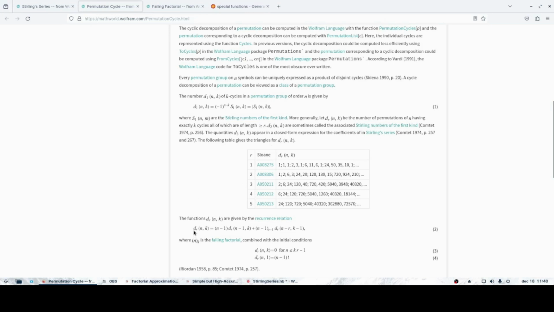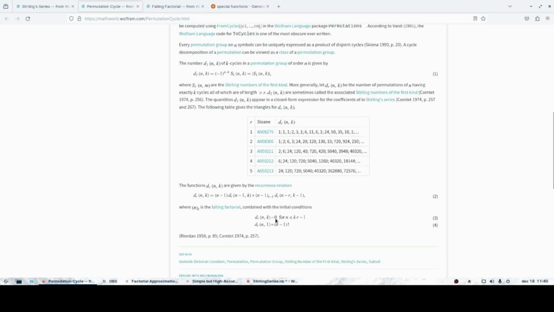So we need to use another recursive formula for that, the d_r, where r is 3, the recurrence relation. And if you can see here, this (n minus 1) and (r minus 1) is not some simple thing.